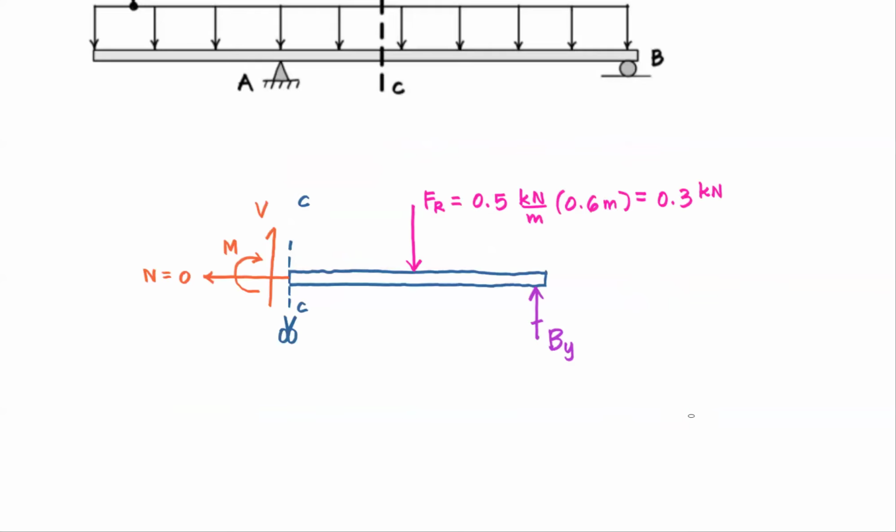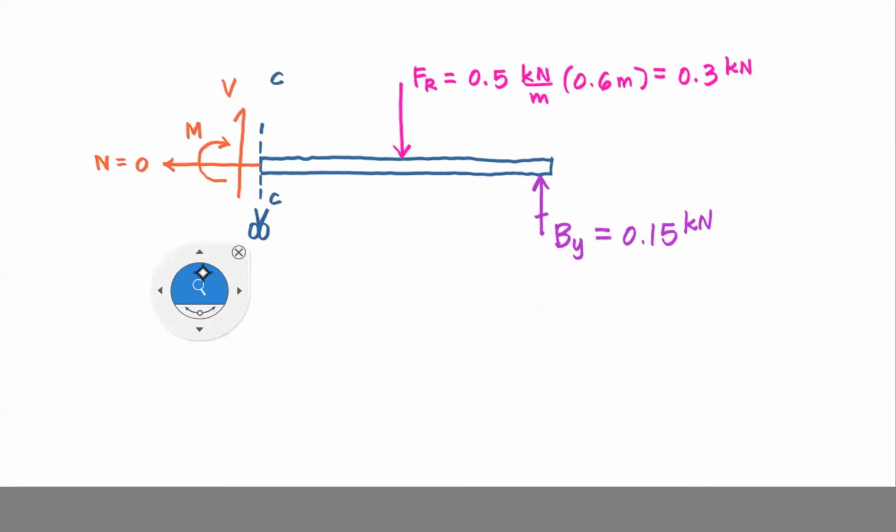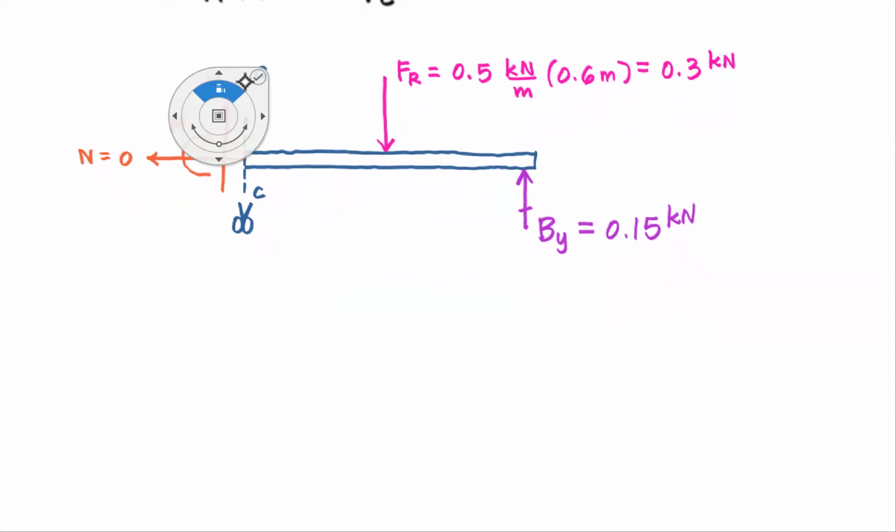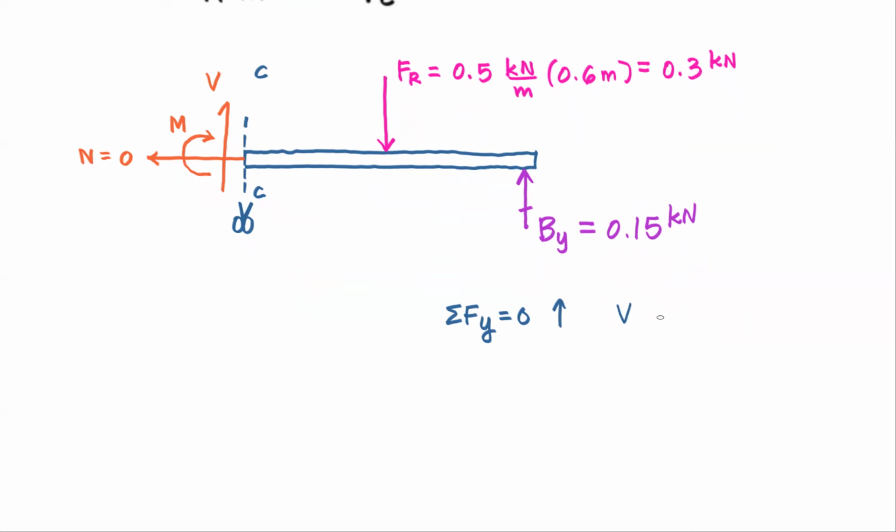I'll take that one away and bring this one back and put our conclusions here. All right, next up we do our equations of equilibrium. Summation of forces in the y direction equals 0, upward is positive. We have 3 terms: V upward positive, resultant force downward negative, B sub y upward positive.